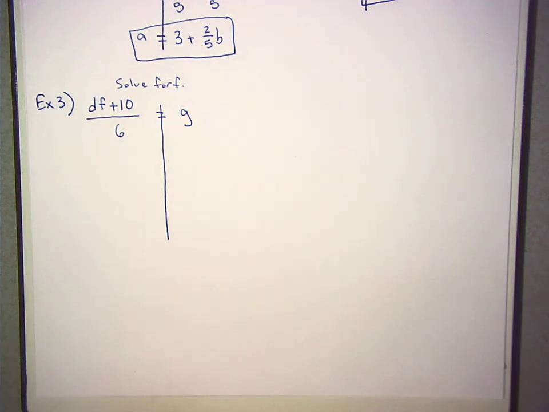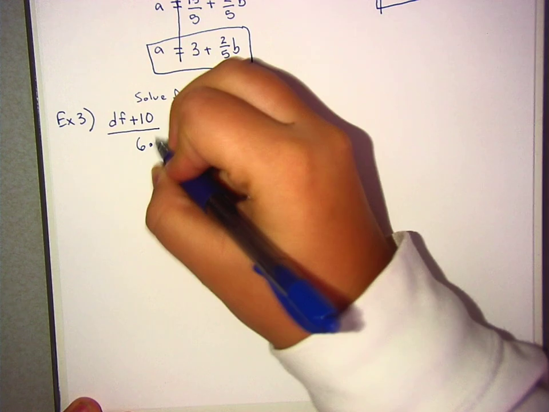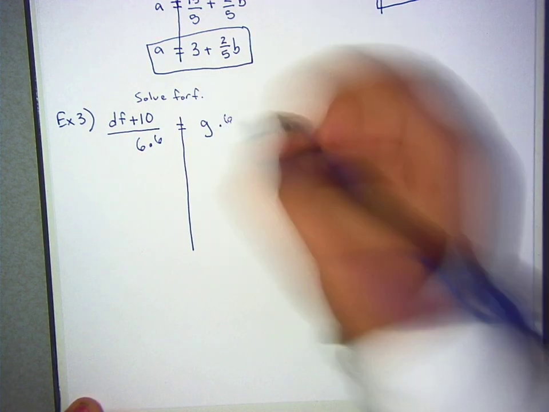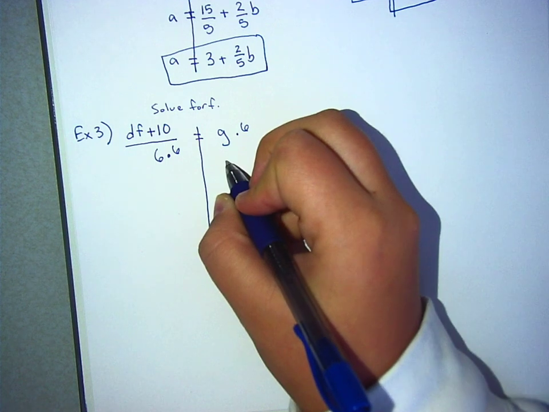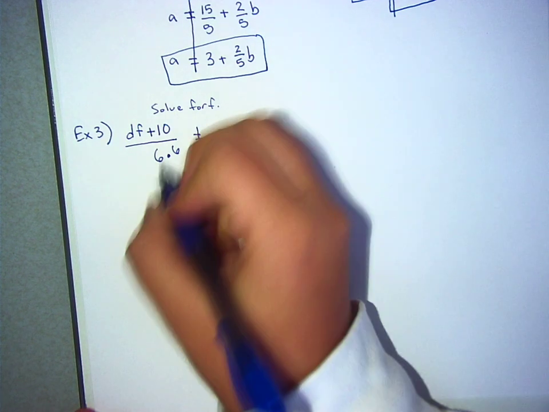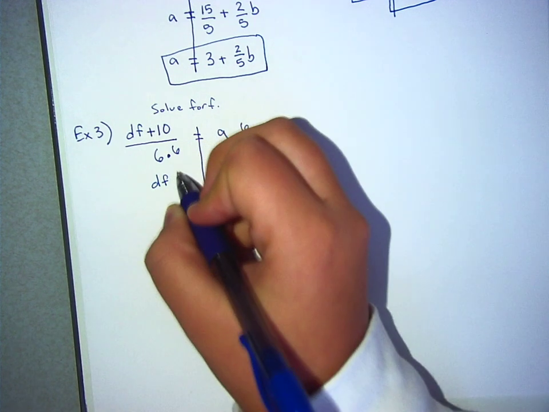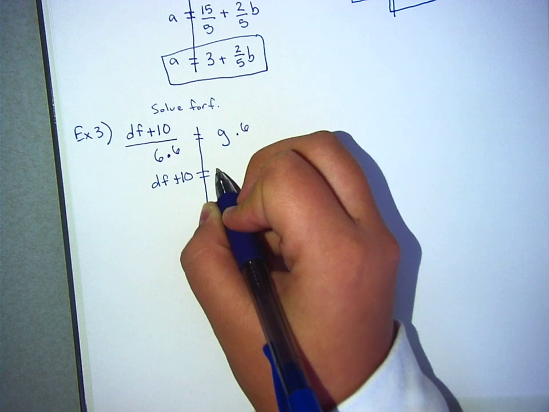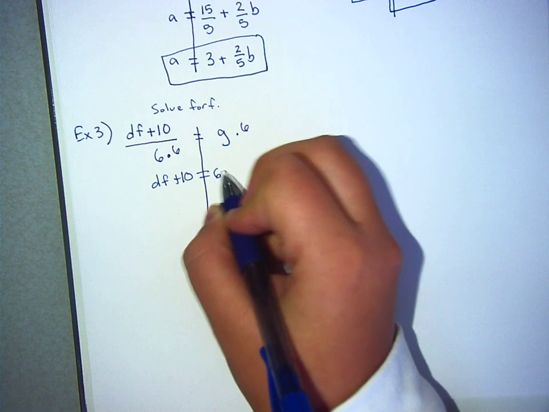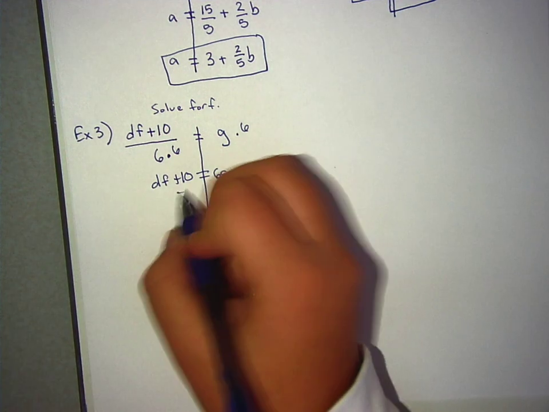Okay. So first, we're going to multiply 6 to both sides. So we should get 6g equals df plus 10. And then next we subtract 10 from both sides.